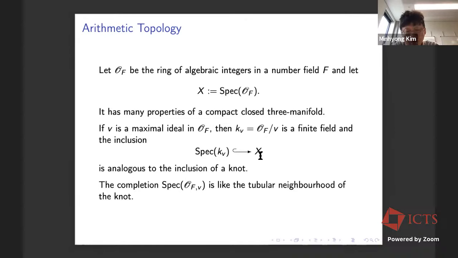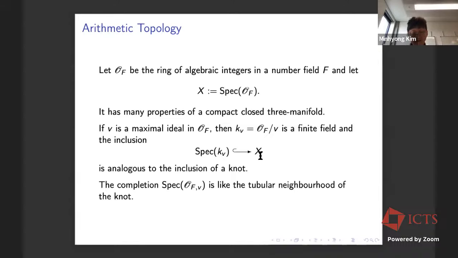So for example, if you complete O_F along the knot and take its Spec, then, as algebraic geometers are used to, completing along a subscheme is a formal algebraic version of a tubular neighborhood. So this should be like the tubular neighborhood of a knot, or in other words, a solid torus surrounding the knot.